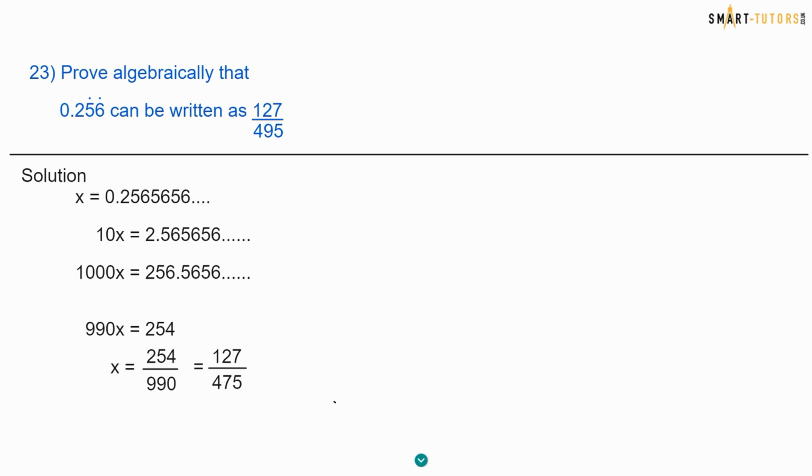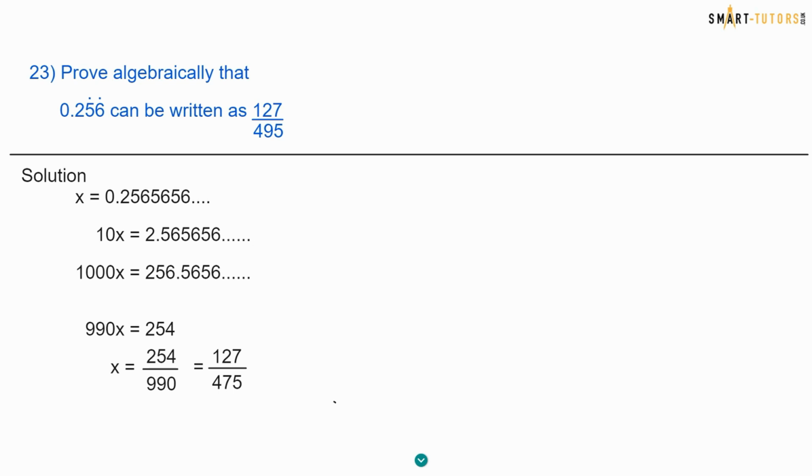If I multiply the first equation by 10, 10x, one decimal jump, is 2.565656. I need the same decimal part, and multiplying by 100 gives us 25.6565, so that won't work. So multiply by 1000, 3 jumps, 256.5656.